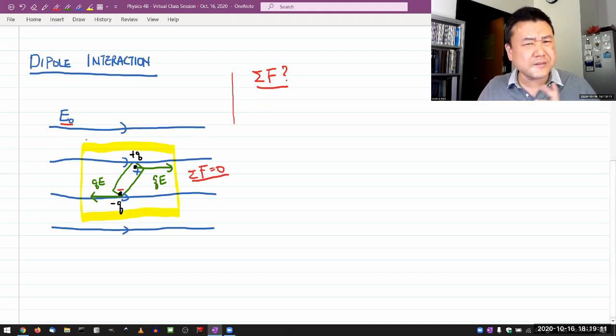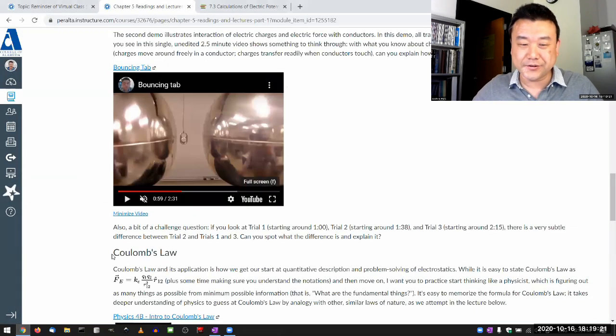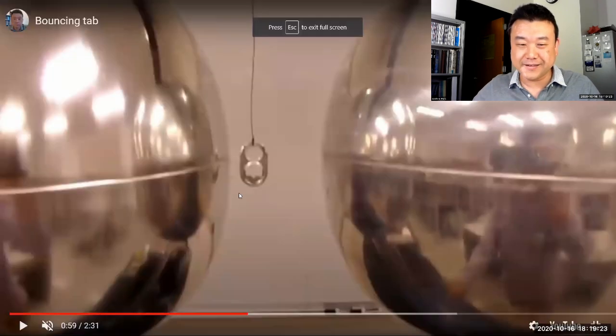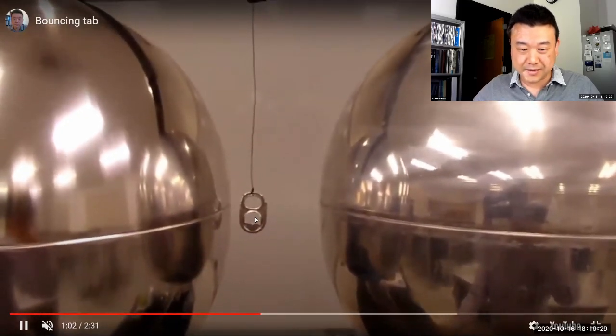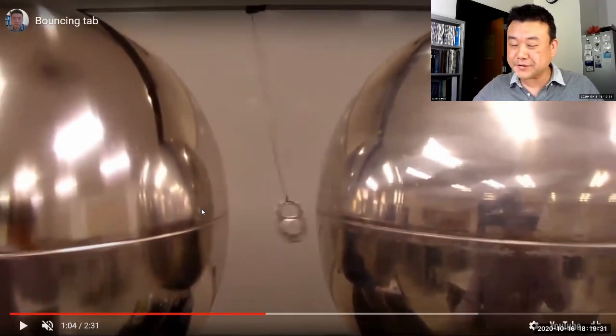And this might disagree, maybe even violently disagree, with your intuition, because in the very example I showed leading to this, didn't I show a force being applied on this aluminum tab? I mean, isn't this aluminum tab moving because of a net force? So what I mean is net force is 0 on a dipole in a uniform field.